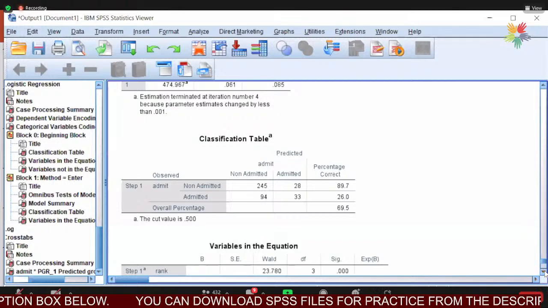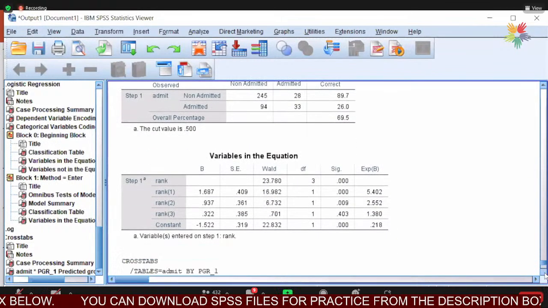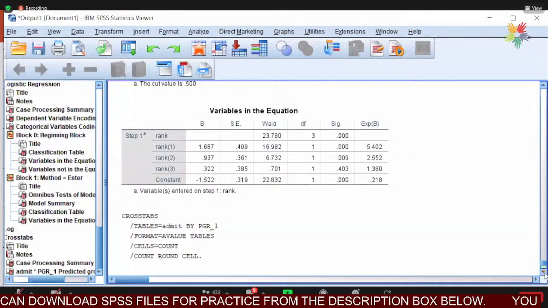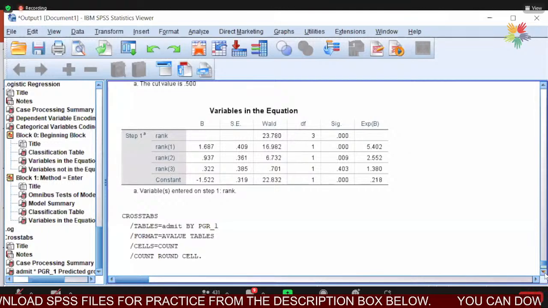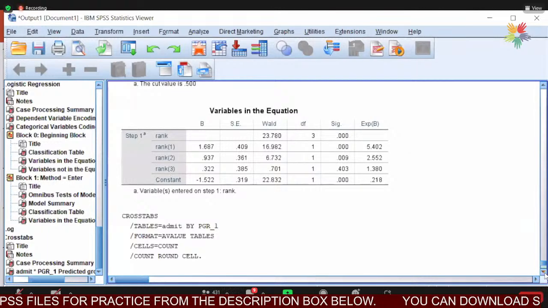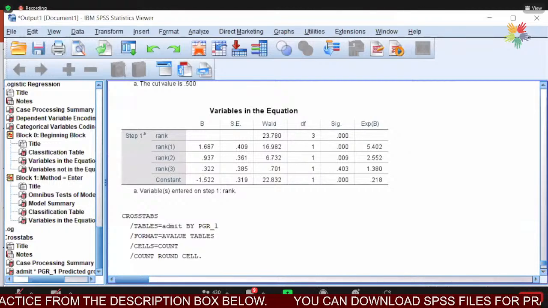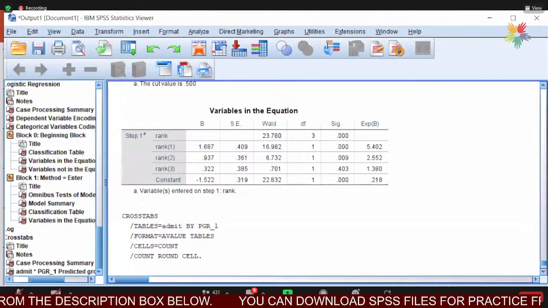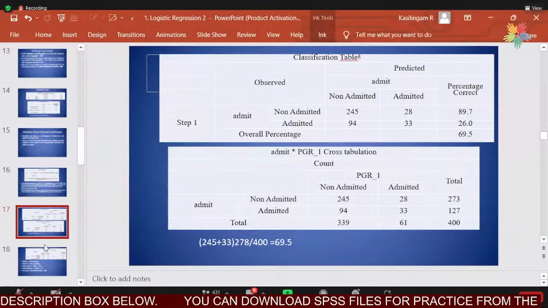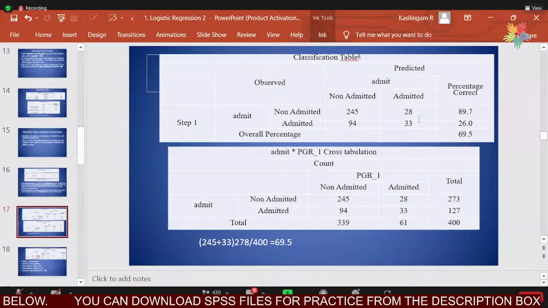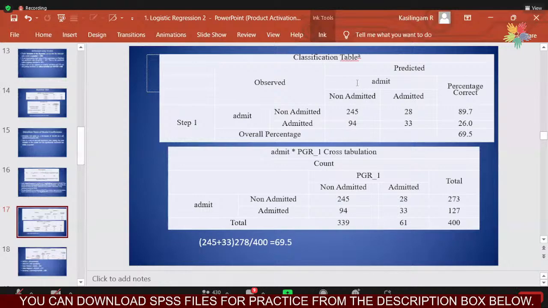This is the most important table, the variables in the equation. I will take a little longer time for this, but before going there, let us look at this observed table.